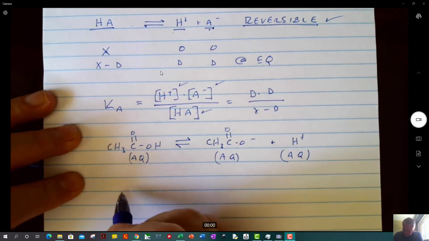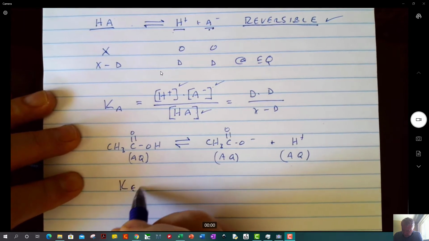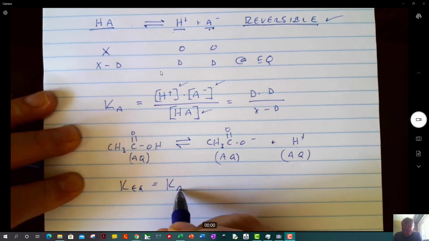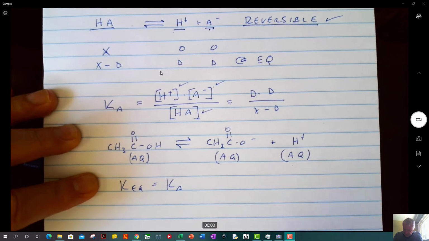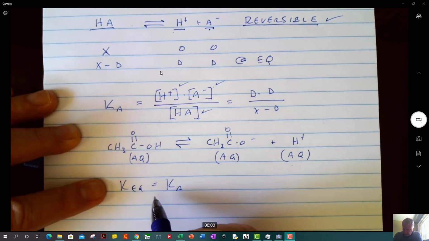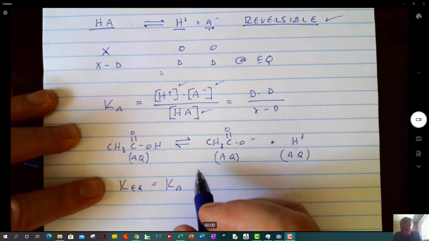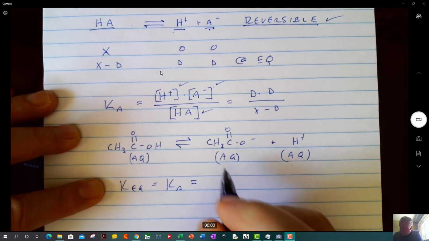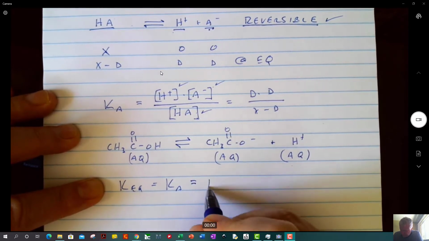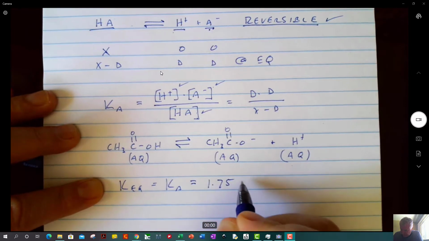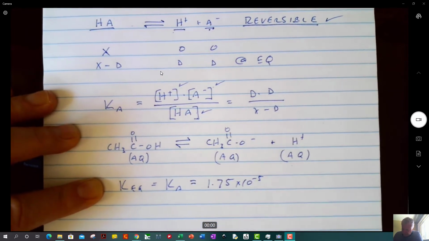And the equilibrium constant, Keq, is equal to Ka. A is for acid. It's just another name for an equilibrium constant. And that is equal to 1.75 times 10 to the minus 5.